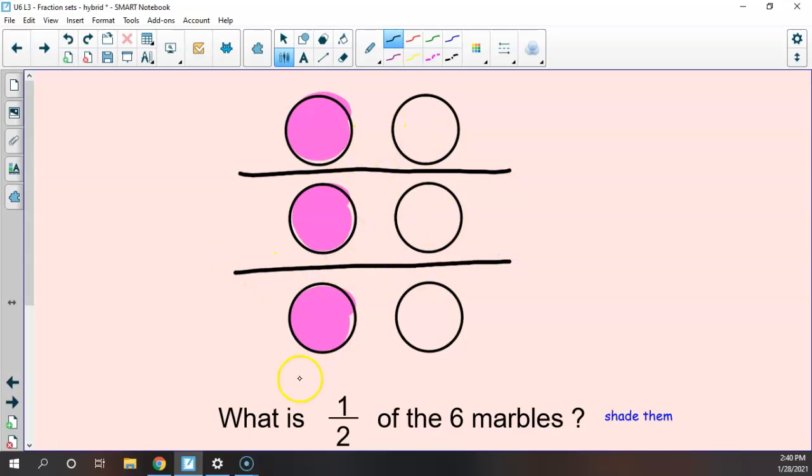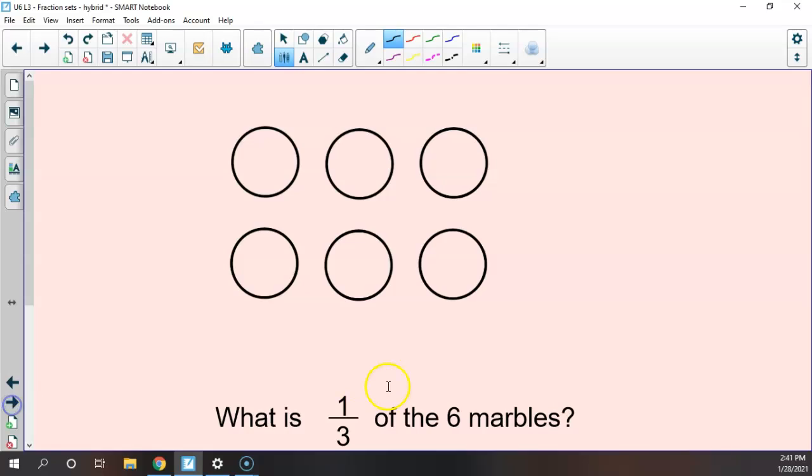There's 2 in each group. I shaded 1 in each of those. That is 1/2 of 6. So the total marbles that I shaded is 3 marbles. So 3 marbles is 1/2 of 6.